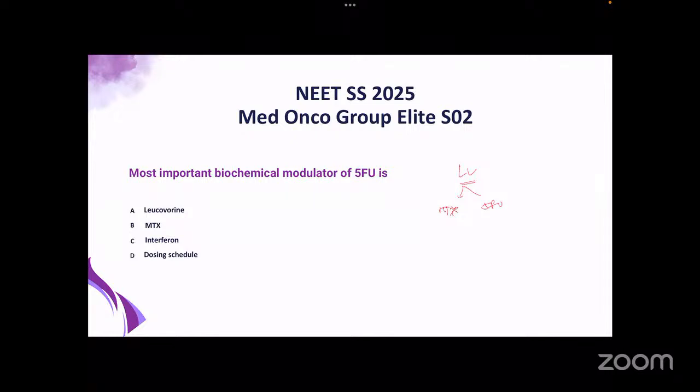So leucovorin is used to rescue normal cells, and in 5FU to actually increase the cytotoxicity. What happens in 5FU?